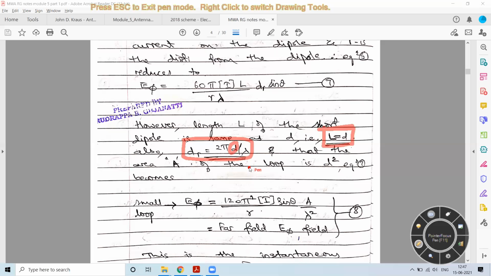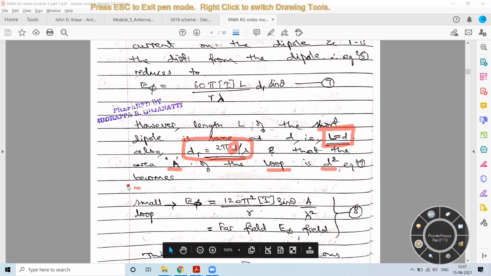So at present we'll not disturb that. We'll continue with the same. Now what is the area of the loop? The area of the loop is equal to D square, since it is a square loop that we are considering, and whose side length is d. Therefore, area of the loop is equal to d square.